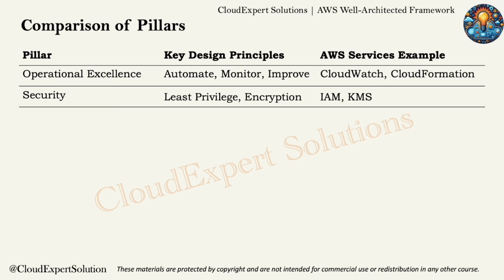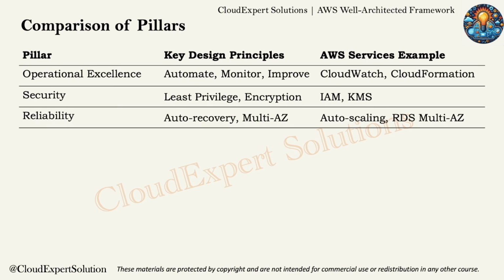To support this pillar, you can use AWS IAM, or Identity and Access Management, and KMS. Moving to the reliability pillar, here the key design principles are auto recovery and multi-AZ. You can use auto scaling, RDS multi-AZ, or you can distribute your EC2 workload across multi-AZ to achieve high availability.